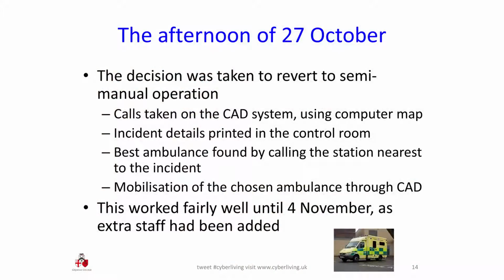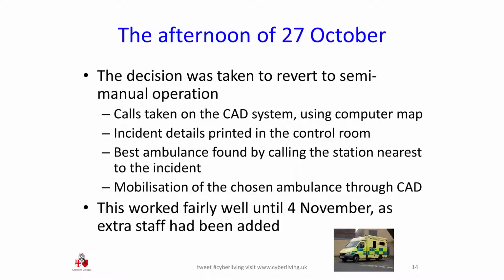So in the afternoon of the second day, they decided that they'd go back to this semi-manual operation that had been working reasonably well. And they put extra staff into the control room in order to try to make it work. So they went back to this system where they were using the computer-aided dispatch system to take the calls, but they were printing out the details of the assignments, and the allocation was being done by the manual staff, and then the dispatch was done again through the computer system.